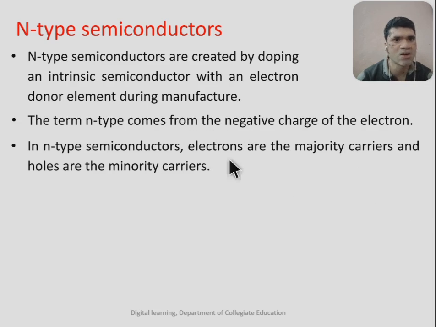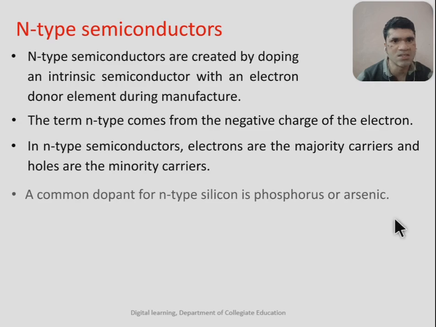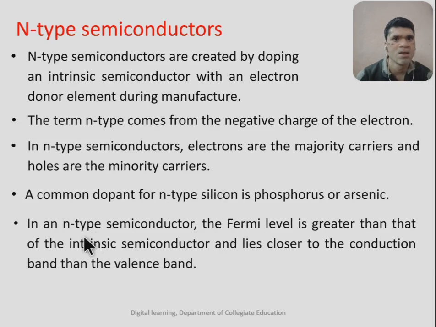So here electrons are the main carriers of electricity. A common dopant for N-type silicon is phosphorus or arsenic. So here phosphorus or arsenic is doped into silicon to create an N-type semiconductor. In an N-type semiconductor, the Fermi level is greater than that of an intrinsic semiconductor and lies closer to the conduction band than the valence band.